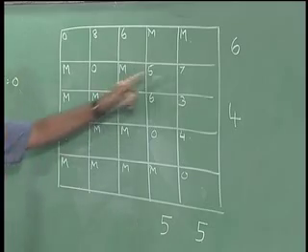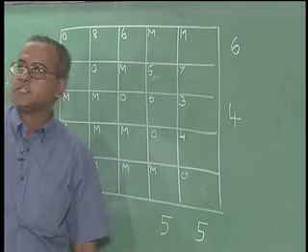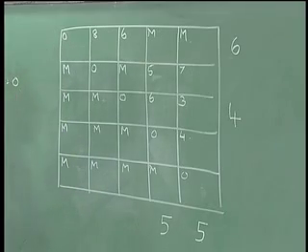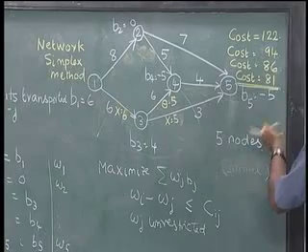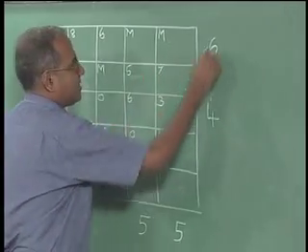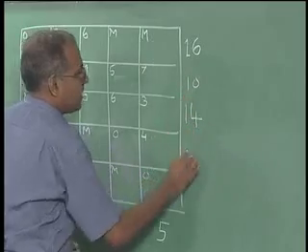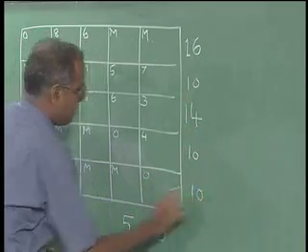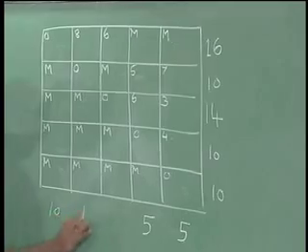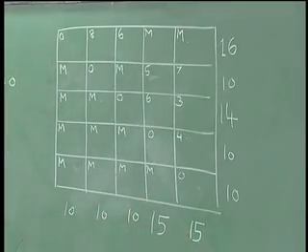Now, these values 6 and 4 are the supply values and 5 and 5 are the requirement values. The problem is balanced with a total equal to 10. So, we simply add 10 to all of them. This becomes 16, 10, 14, 10 and 10 for supply, and 10, 10, 10, 15 and 15 respectively for requirement.